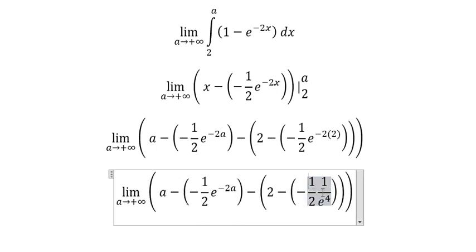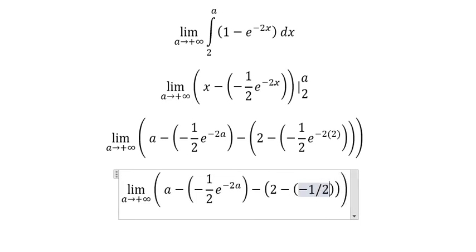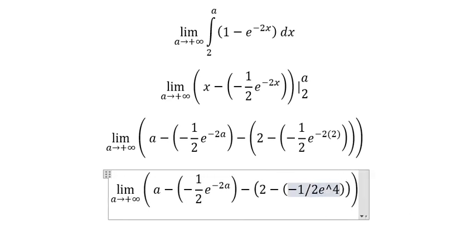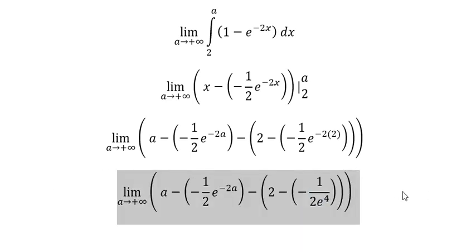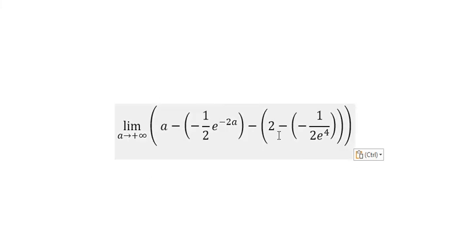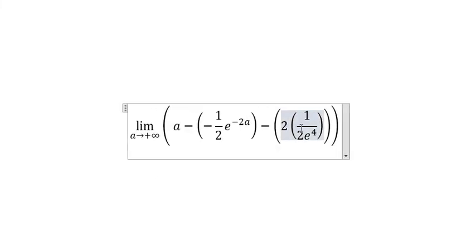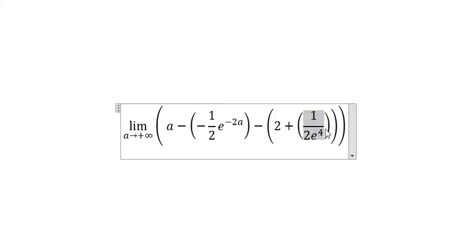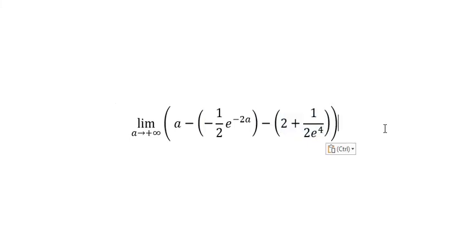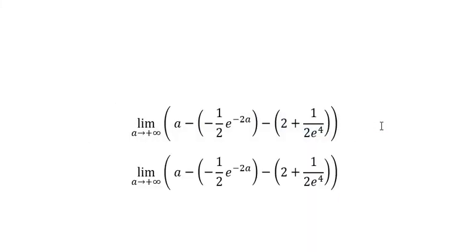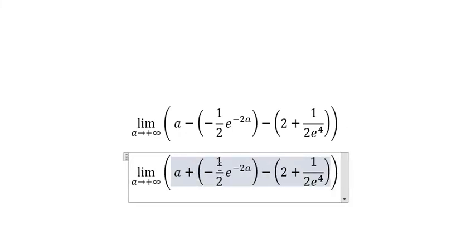So we can combine 1 over 2 e to the power of number 4. So negative and negative, we simplify and we have positive in here.